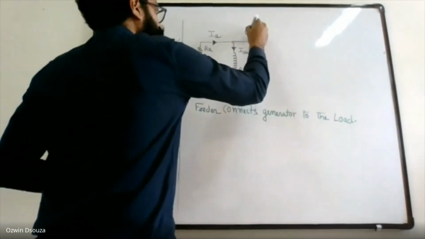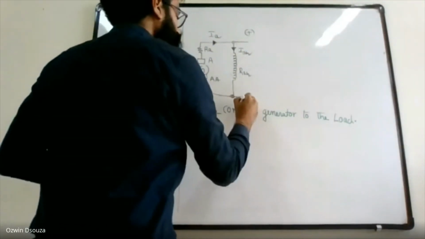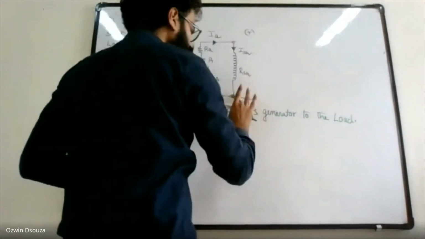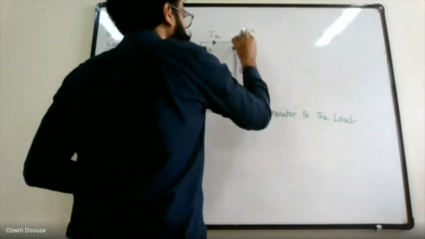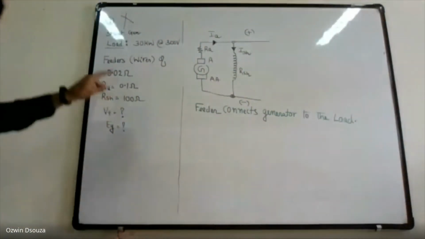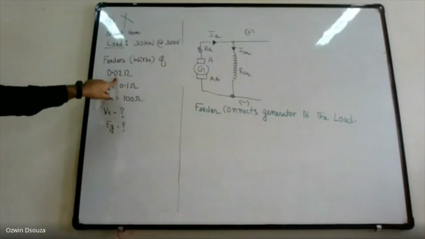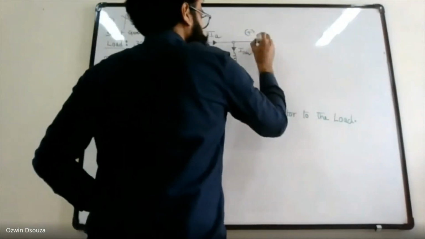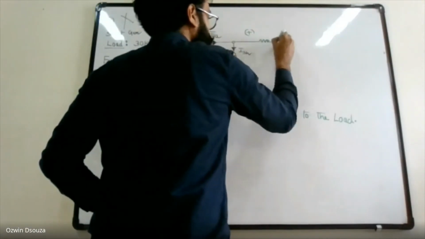I can show the feeder with the green wire, and each feeder has a resistance of 0.02 ohms. So let us show the resistance of the feeder.